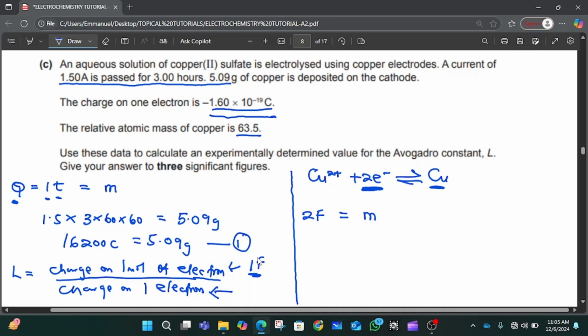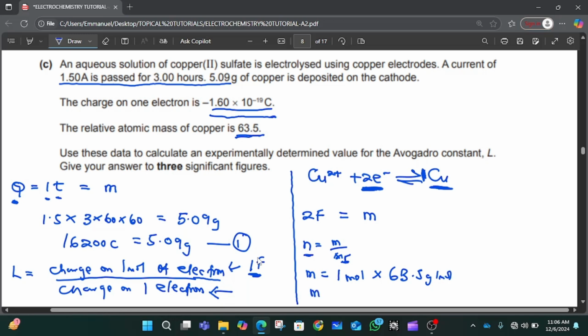To calculate the mass of this copper, we know that amount is equal to mass over molar mass. And so the mass of the copper is equal to the amount times molar mass. The amount is 1 mole, so it is only 1 mole of copper that is deposited per this equation. So that will be 1 mole times the molar mass. The molar mass has been given as 63.5 grams per mole.